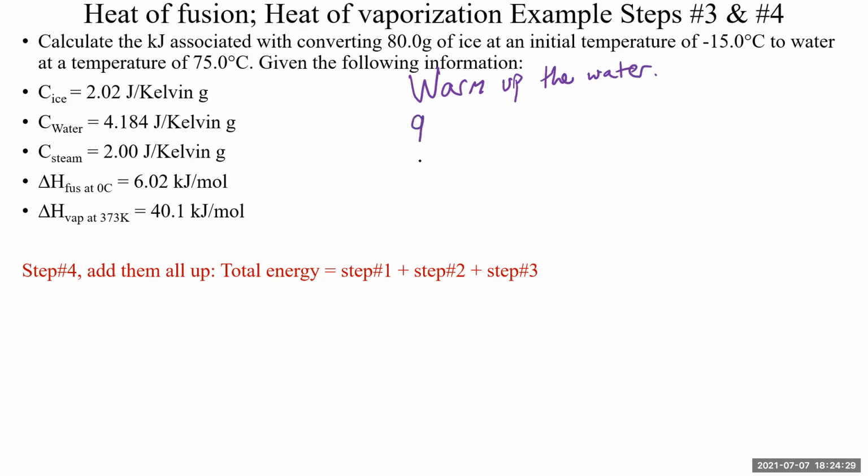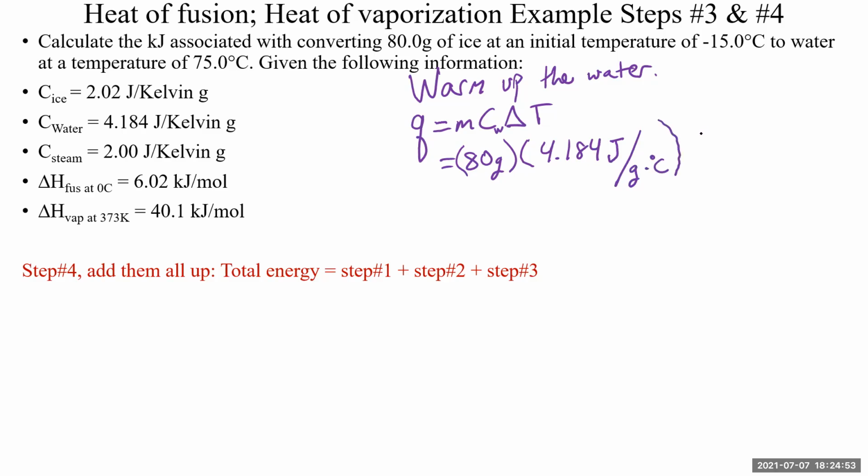So that's going to be, again, Q equals M times C times delta T. But this time, our C value is going to be that for water, not for ice, because now we're dealing with water, CW. CW is 4.184. Nothing's changed about that. That's the same old value you're used to. 4.184 joules per gram degrees Celsius.